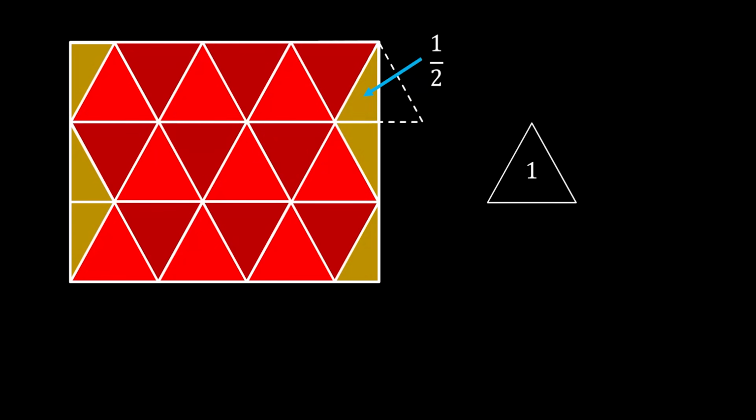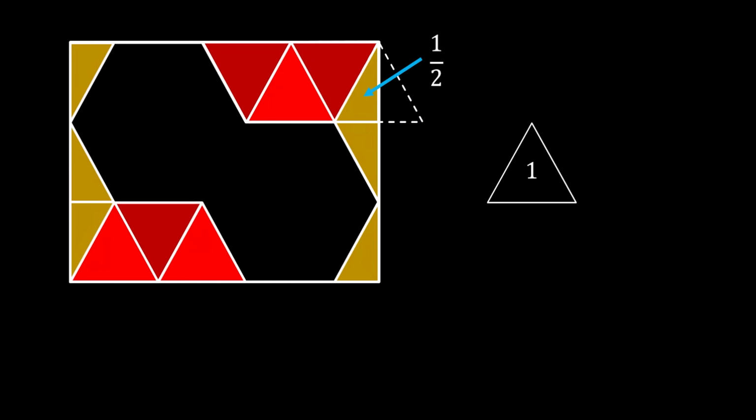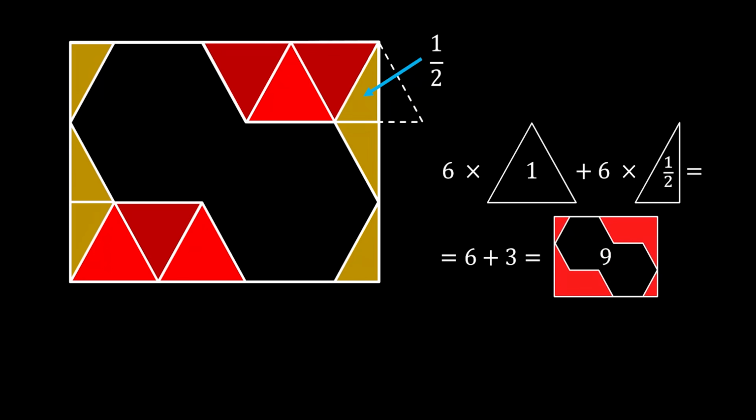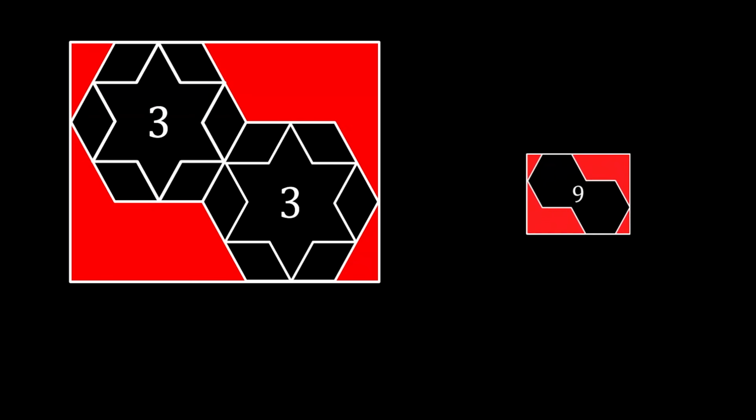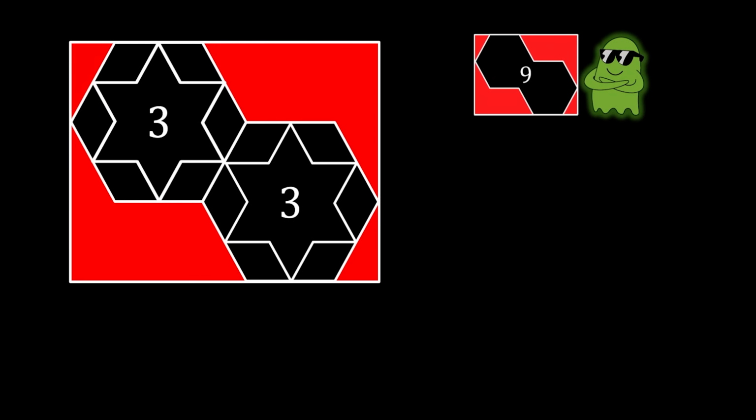But remember, we have to find the area of difference between our rectangle and our 2 hexagons, and this area consists of 6 equilateral triangles with the area 1 and 6 of those triangles with the area of 1/2. So we can calculate this and get that this is 6 plus 3, which means that the area of difference between our rectangle and two hexagons is equal to 9, and this is our solution.